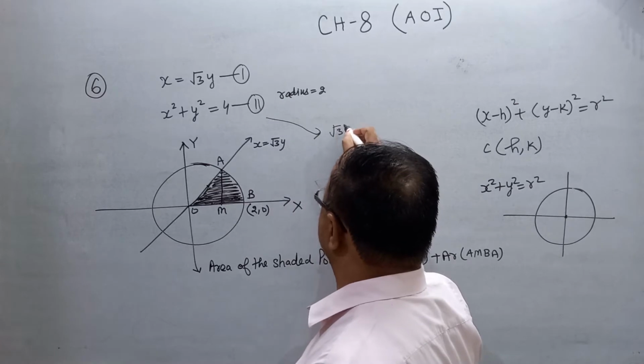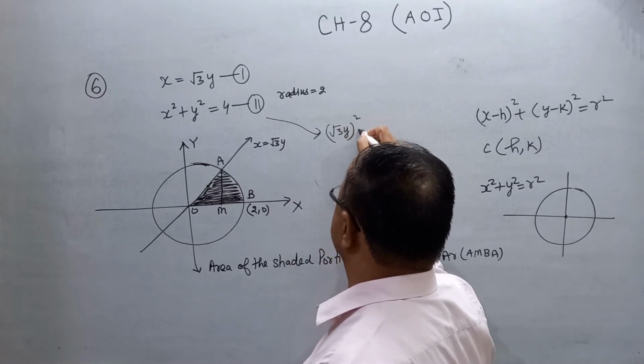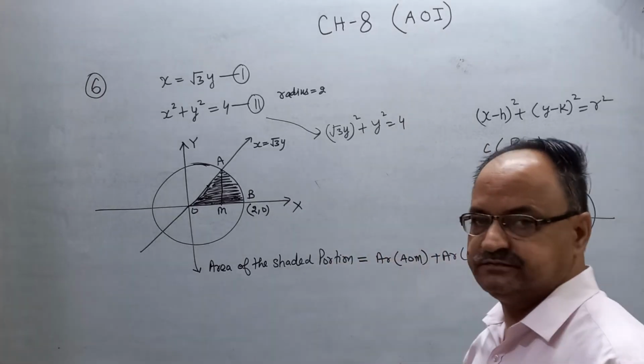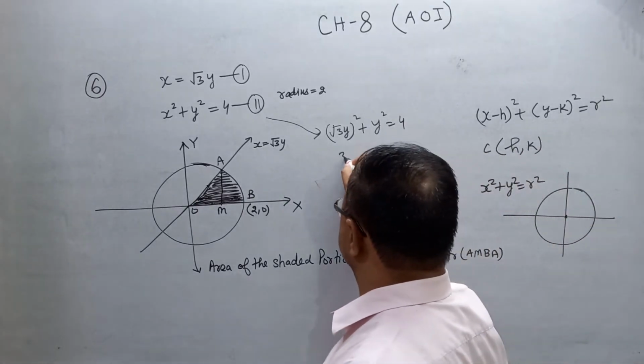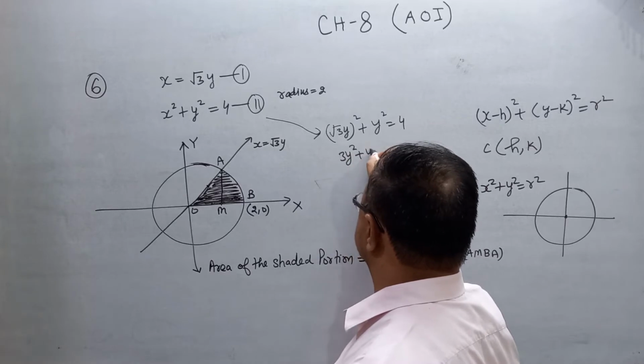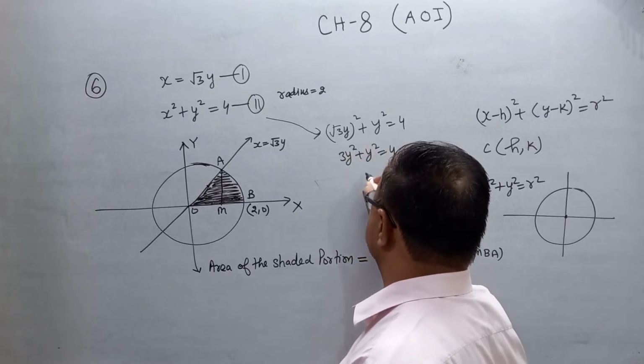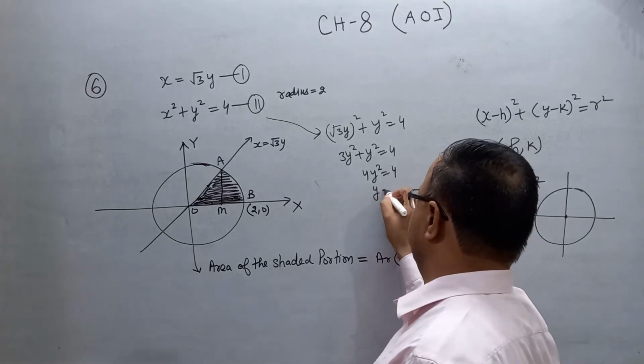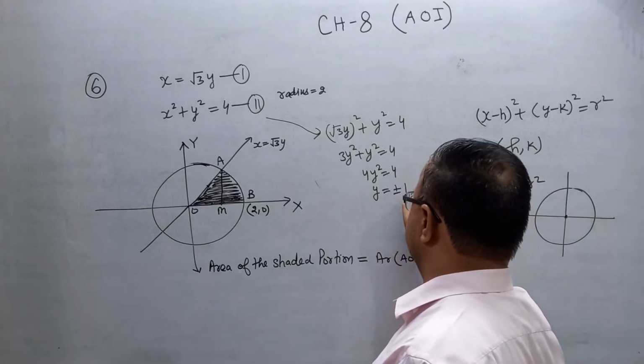Root 3y whole square plus y square is equal to 4. Clear? And this is 3y square plus y square is equal to 4. It means 4y square is equal to 4. Therefore y square is equal to 1, y is plus minus 1.